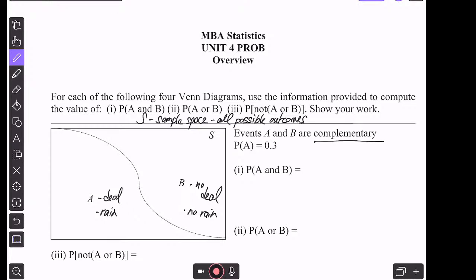So if I assigned a probability and I said event A has a 30% chance of occurring, what can we say about these probabilities? What can we derive from knowing that the chance of A is 30%? First, what is the chance of A and B happening?